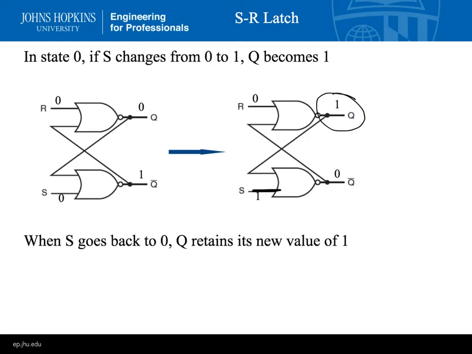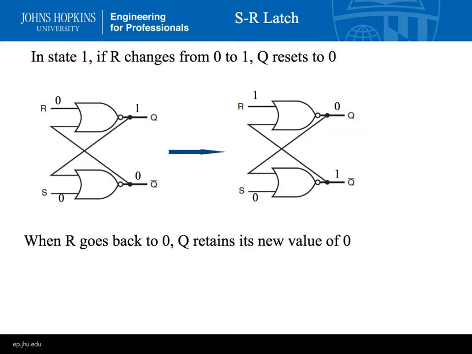And it'll stay that way, as we'll see. Because once Q was 1, even if we change this S back to 0, this output here is still going to be 0.